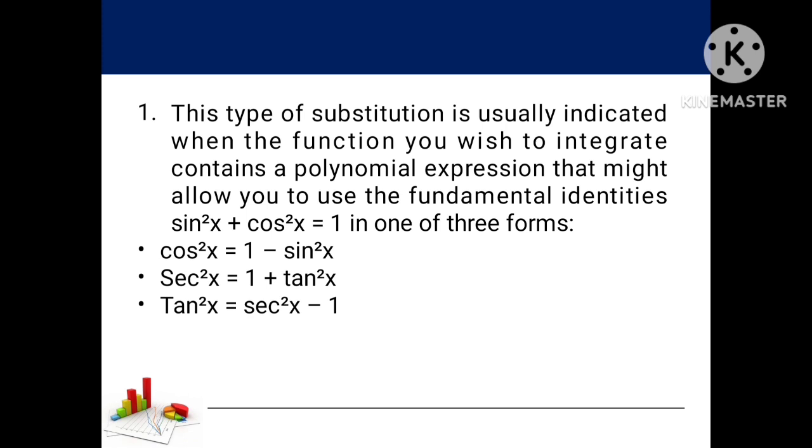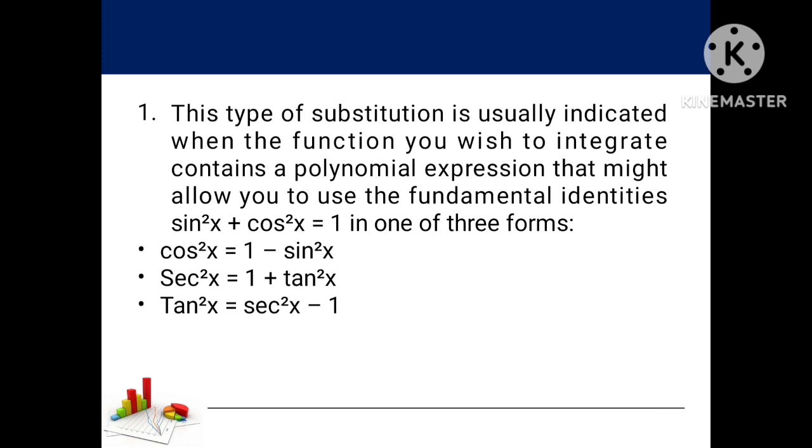So this type of substitution is usually indicated when the function you wish to integrate contains a polynomial expression that might allow you to use the fundamental identity sine squared x plus cosine squared x is equal to 1 in one of three forms.